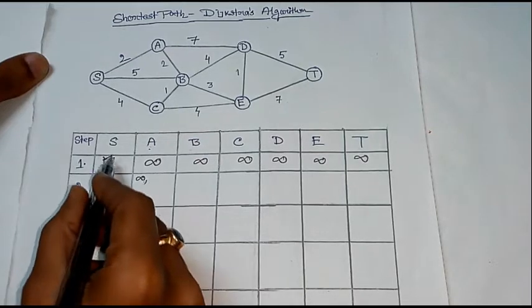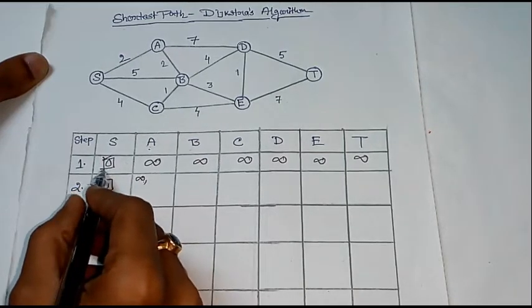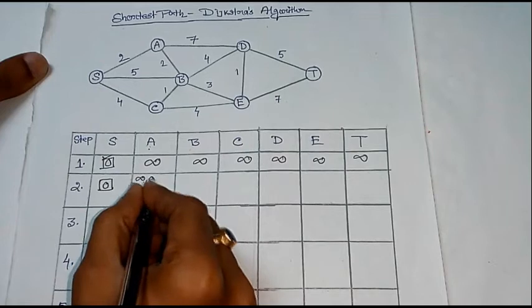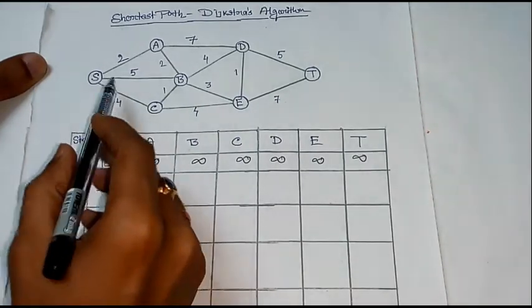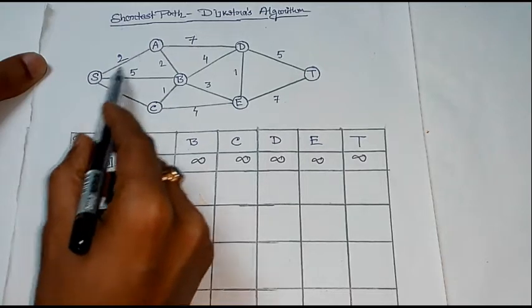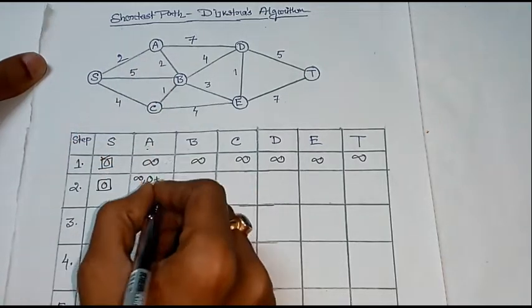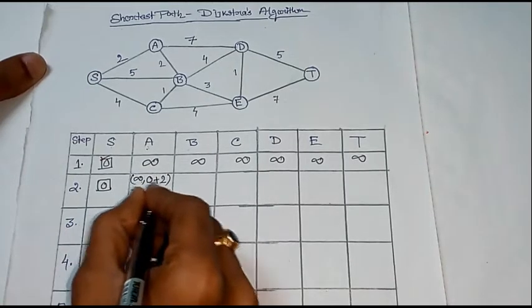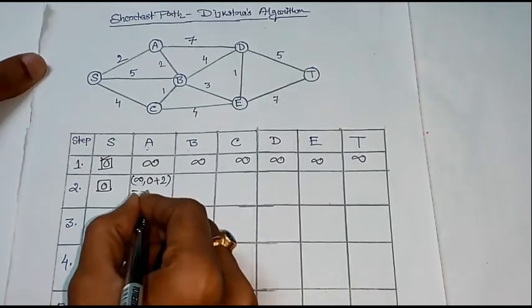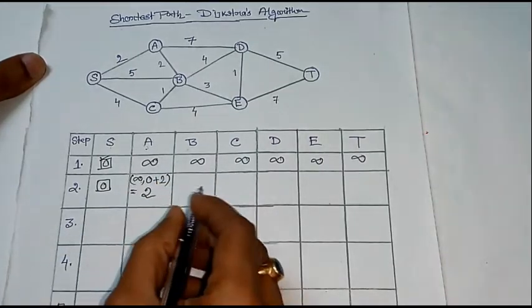In the previous step, S was labeled permanently by 0, so we have to put 0 plus the distance between S and A. From the graph we see that the distance between S and A is 2, so it is 2, and then we compute the minimum of these two values, and the minimum of these two is 2.